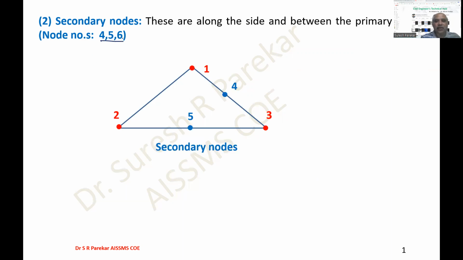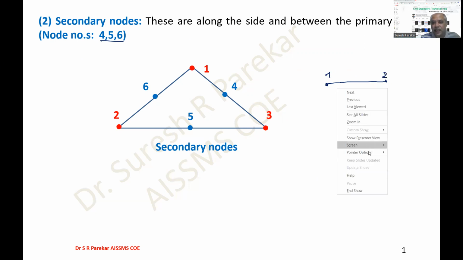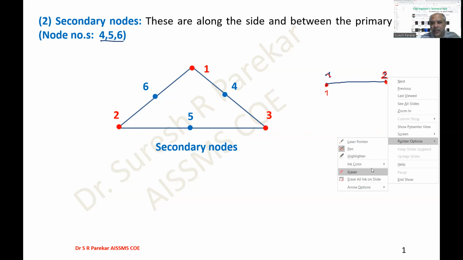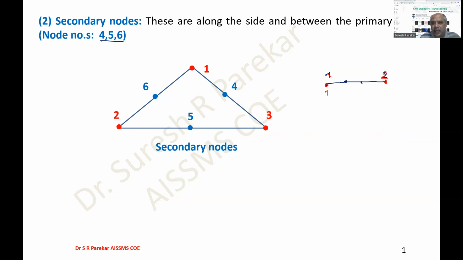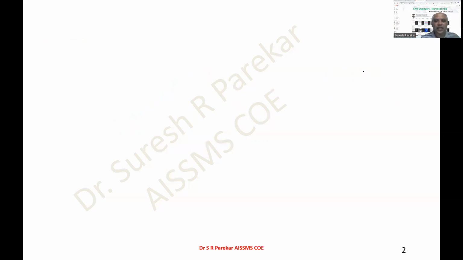If I consider a line element, we have 1, 2 as primary nodes, which I will make red. Then we can use blue ink to show the secondary nodes, so I can write this as 3, 4. So between primary nodes, we have secondary nodes.